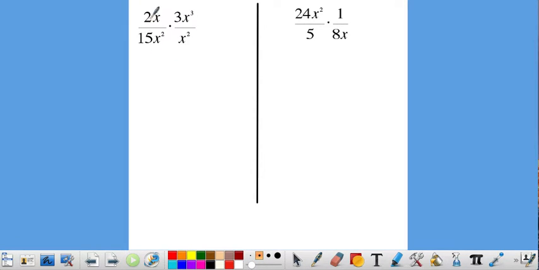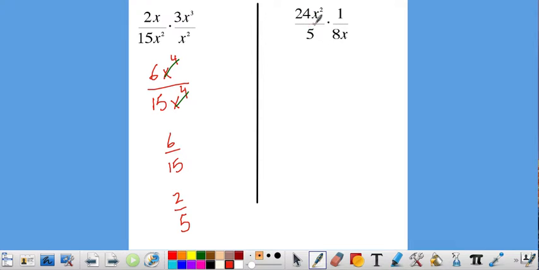So 2x times 3x cubed is 6x to the fourth over 15x to the fourth. Well, we notice we have 4 x's on top and on bottom, so those are basically just going to cancel out, which is cool. So then we're left with 6 over 15, and then we can simplify this fraction since 3 goes into both, as 2 over 5.